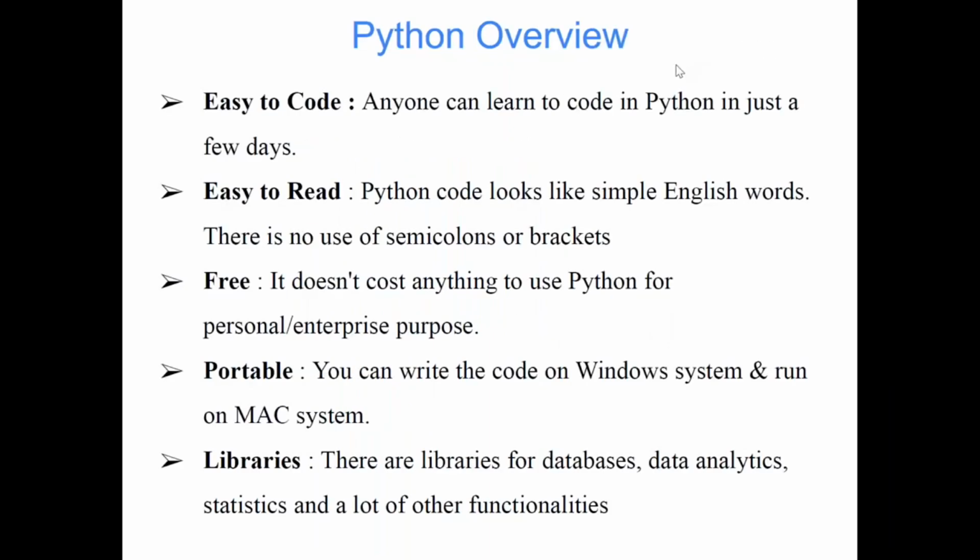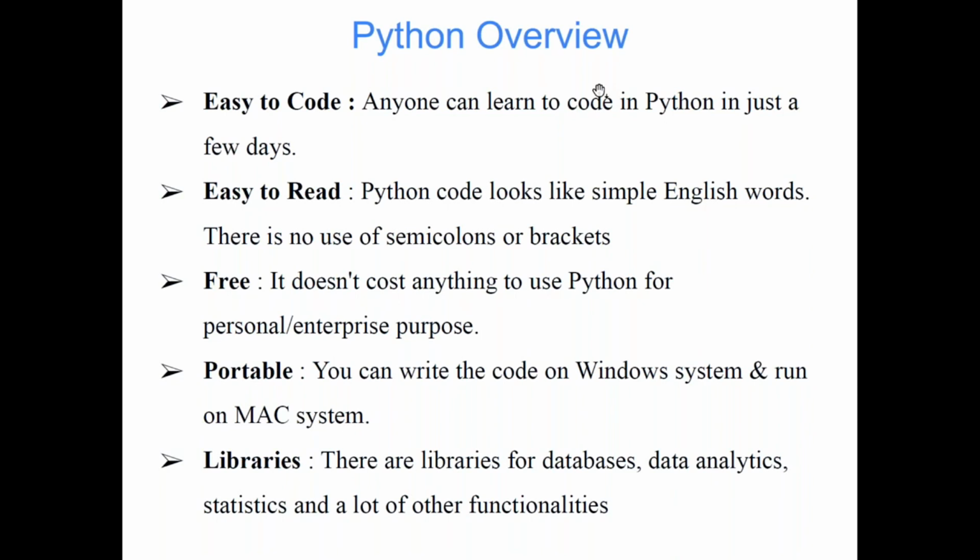Okay, so Python is a high-level programming language. When we say high level, that means you can write the program more like English, in a human-readable format. When we say low-level language, that means you have to write a program which is understandable by machine language, right?